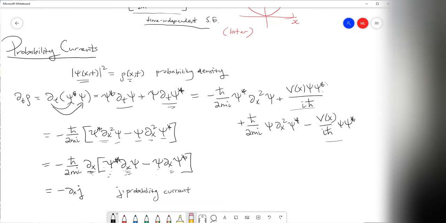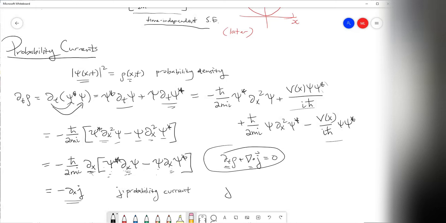It's the one-dimensional analog of the following in 3 space. Right, I can put this thing on the other side. It's the same as this equation here. It's a continuity equation. It says changes in rho are only due to fluxes of this current. And I'll show you this in a moment, but this is just the one-dimensional version of that.